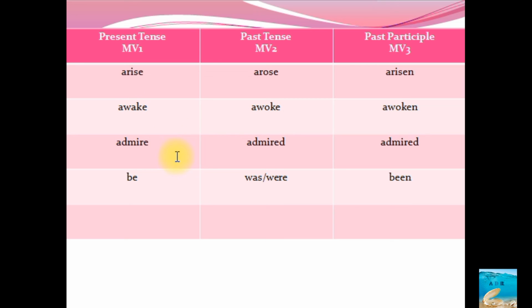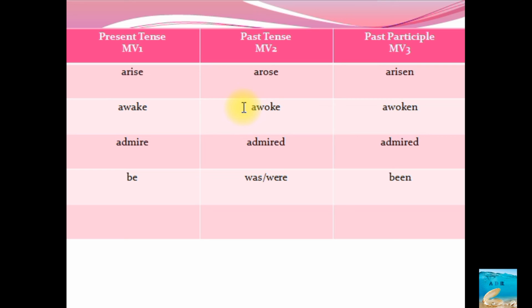That means arise, arising, awake, awaking. So if you use the ing form of MV1, it is called present participle. Usually it is called MV4, or you can use MV1 plus ing in the formulas.